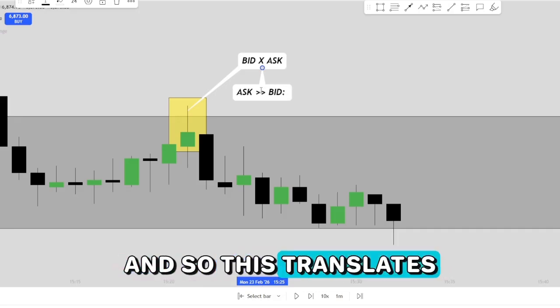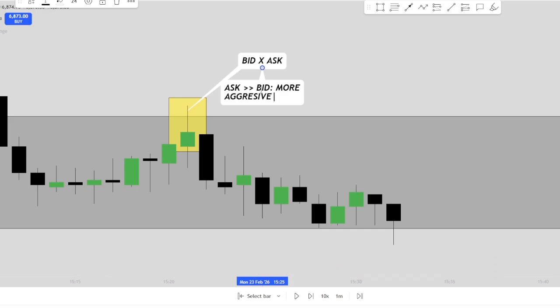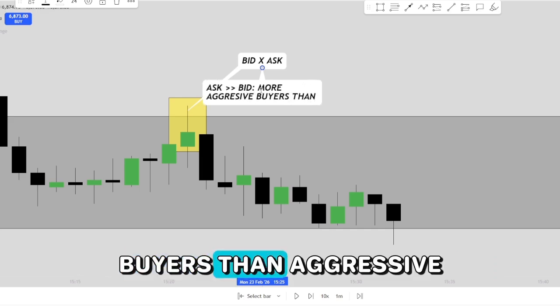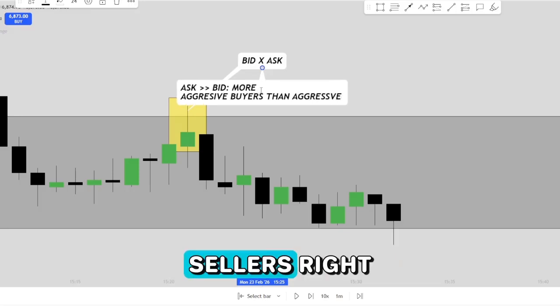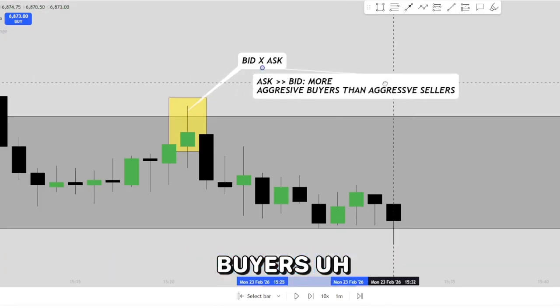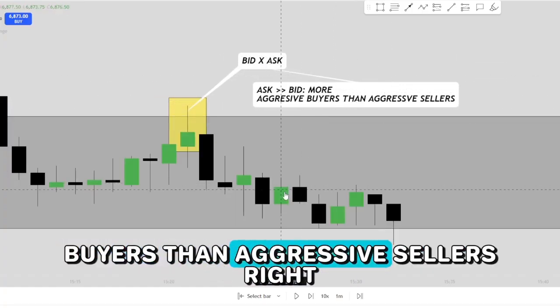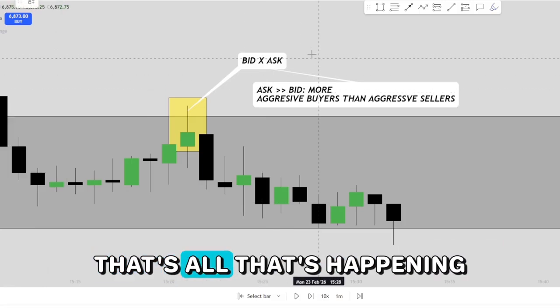And so this translates to there being more aggressive buyers than aggressive sellers, right? There are more aggressive buyers, mind my spelling, than aggressive sellers. That's all that's happening over here.